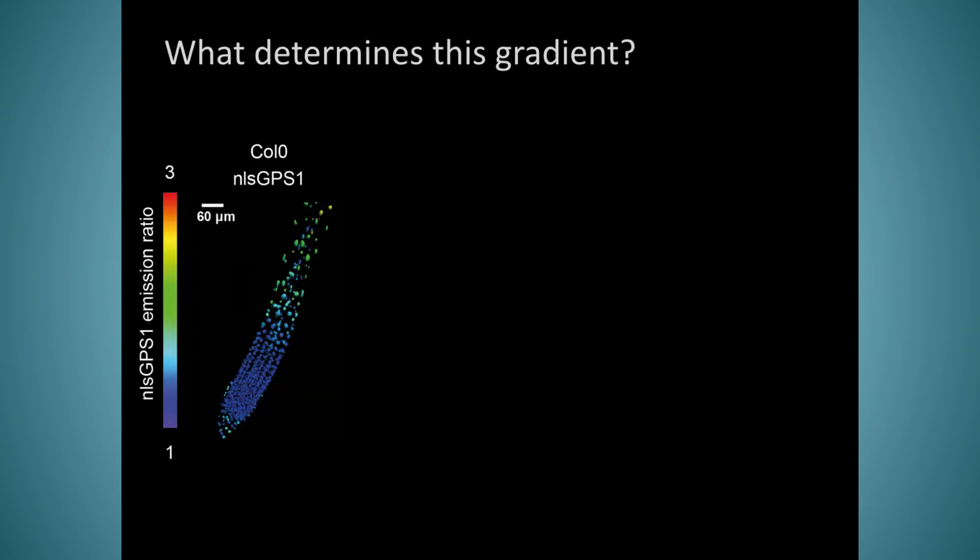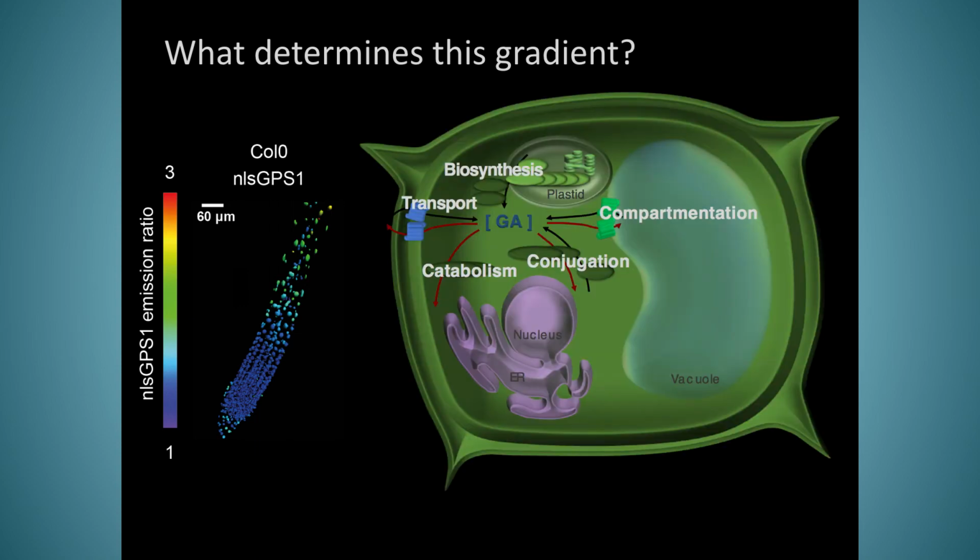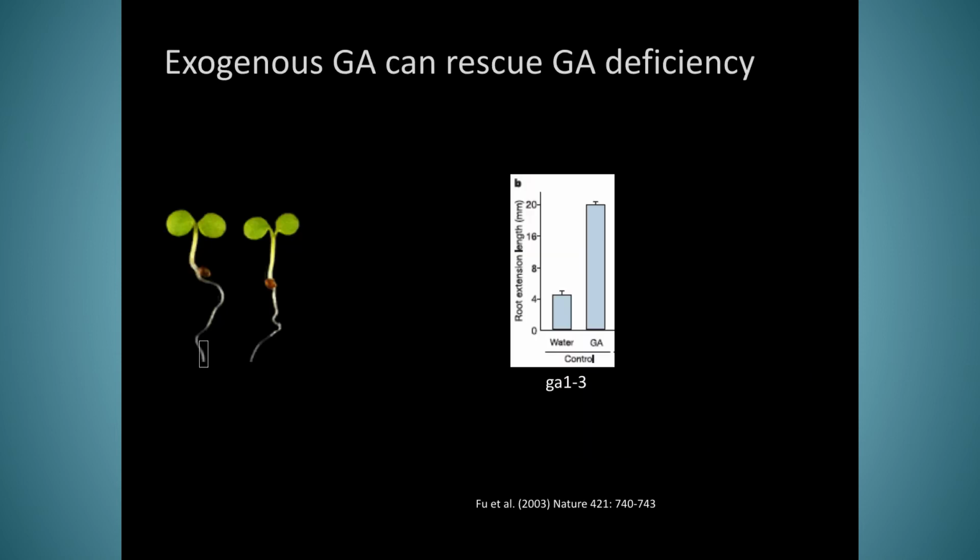But to transition to the other question that we're interested in, what's generating the gradient in the first place, we have to go back to our old model of the different things that could be generating this gradient. So biosynthesis, transport, catabolism, for example. But we do have a little hint that when you take a GA1 mutant in Arabidopsis and you add GA, you actually can rescue growth.